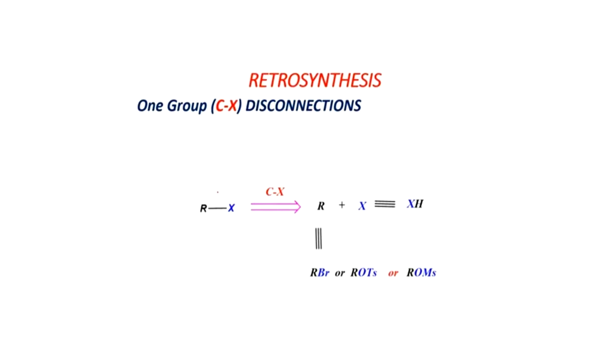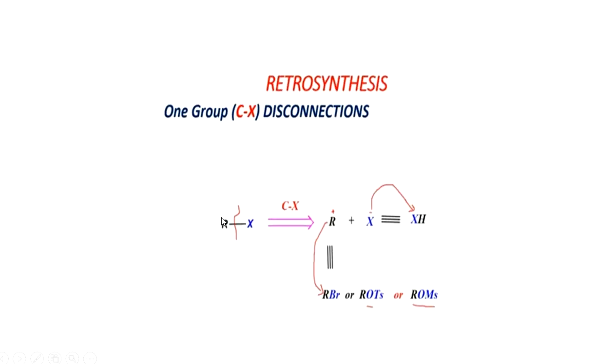So in this case we fragment our given molecule, like breaking the R-X bond. So we get two fragments. On R we get a positive charge, and on X we get a negative charge.